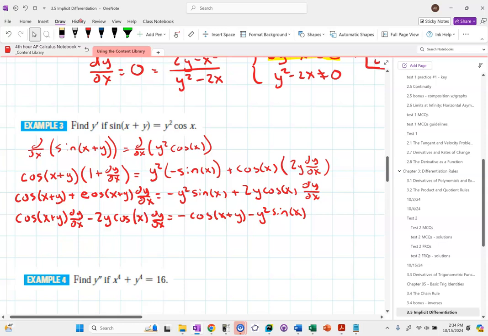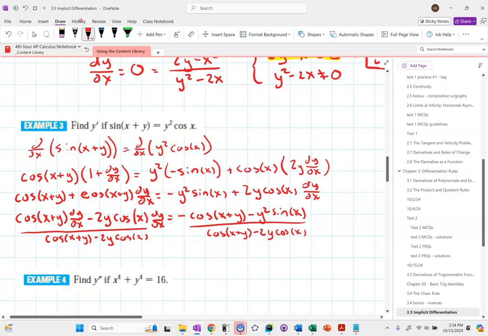And then I'll divide both sides by cosine x plus y minus 2y cosine x. And we are at the finish line.